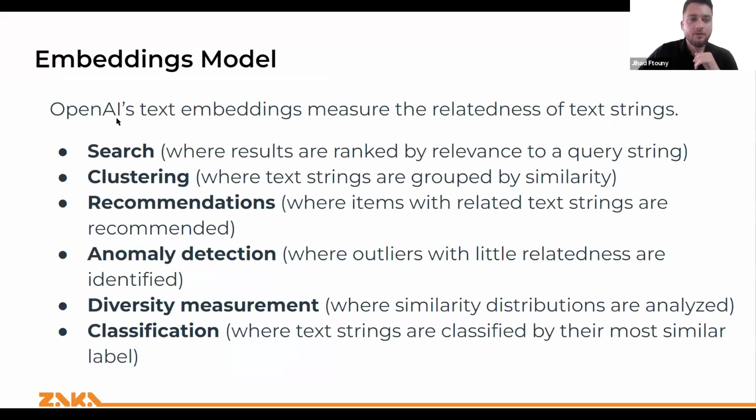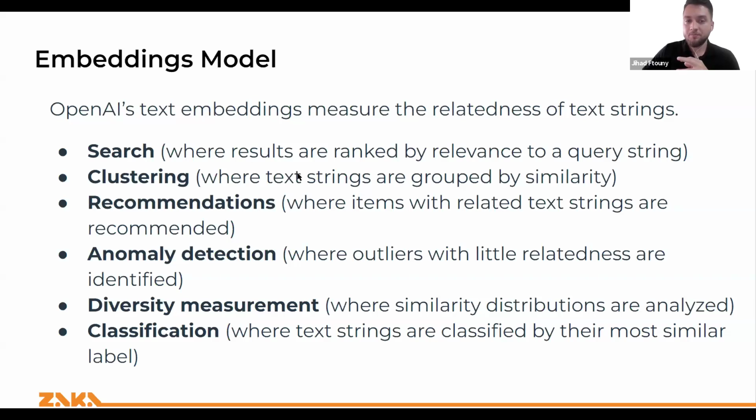So now we're going to discuss one of the models that we have available for the API, which is the embeddings model. Basically, you can do a lot of things with it. It's going to calculate the embeddings for you, and then you can do search. You can search results in a text source.